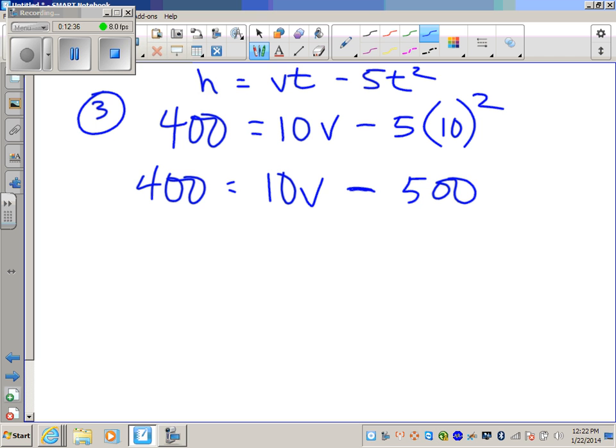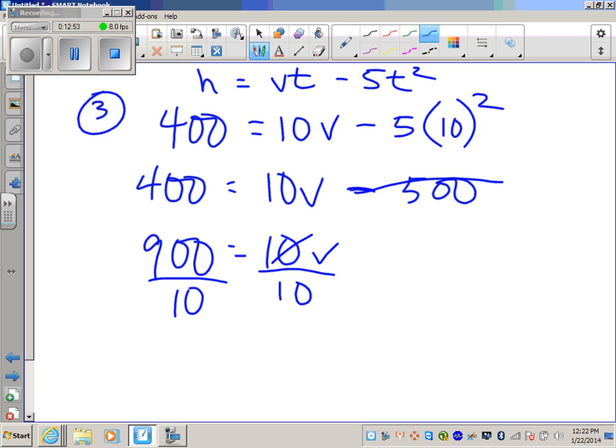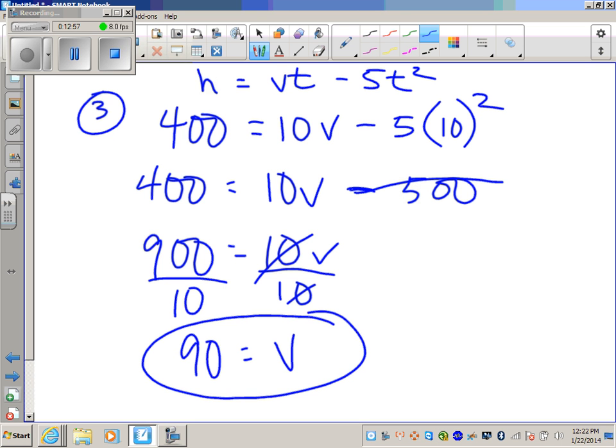This is a negative 500. Let's try to get rid of it by adding it to both sides. So now this becomes 900 equals 10v. Now what? Divide both sides by 10 and v equals 90.